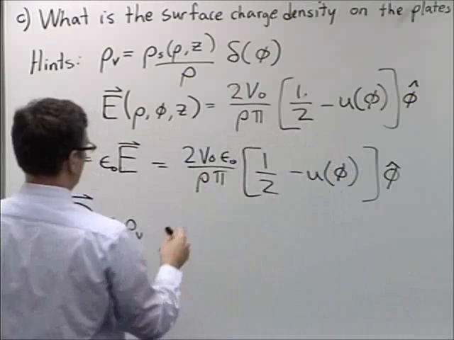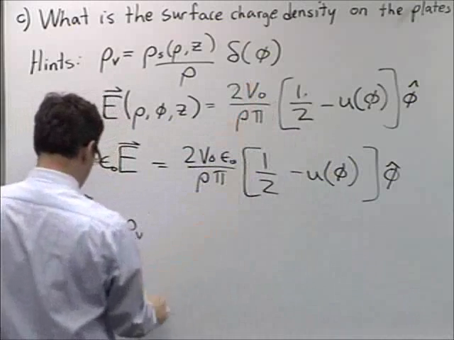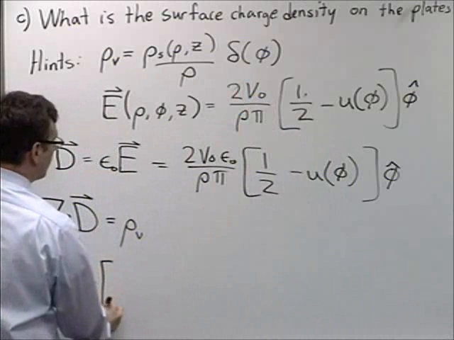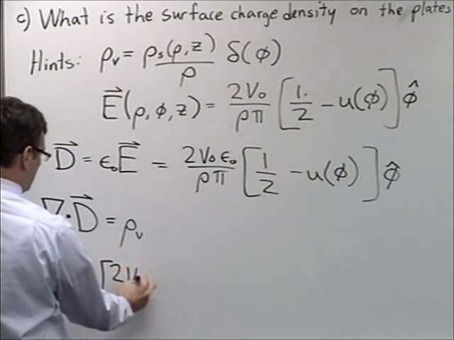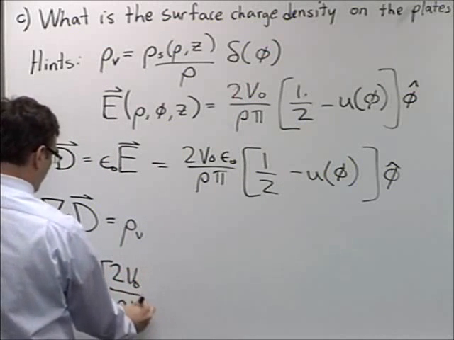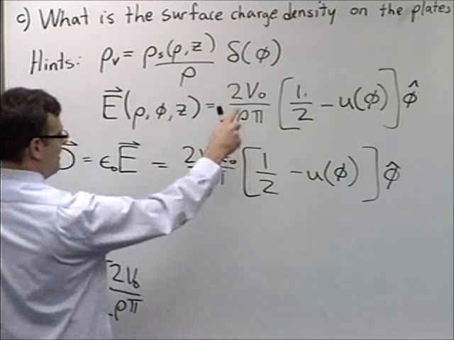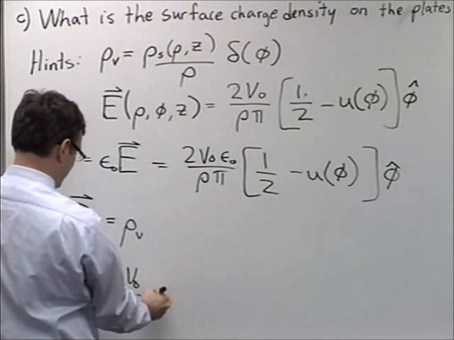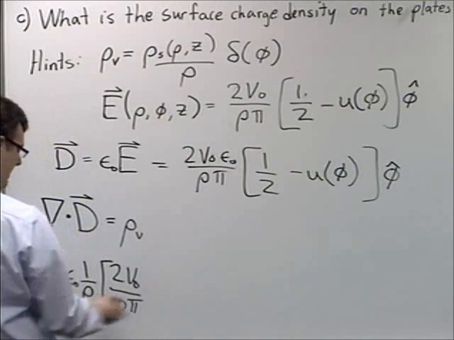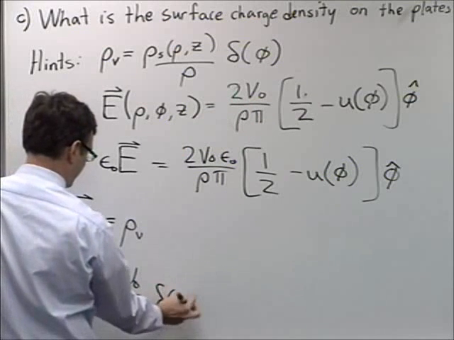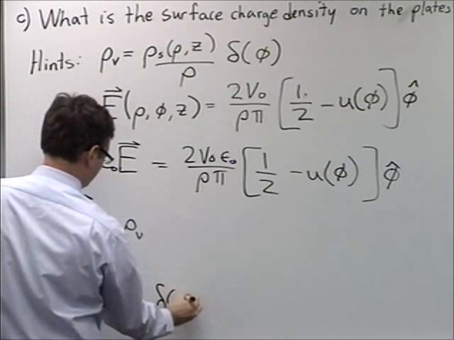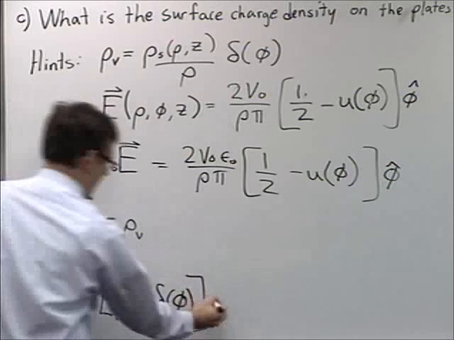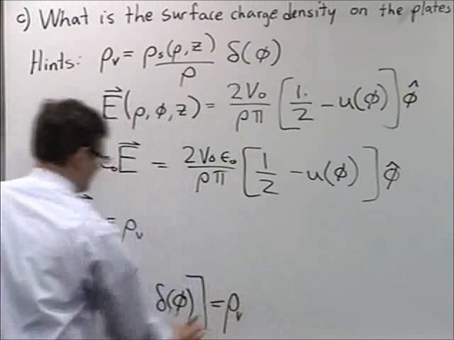So if I just treat this as a constant, I can write this as 2V naught over rho pi. I got a minus unit step function. That's a delta function, so I got a minus sign. I'll just bring that out here, and then I'll have a delta like that. And that's what's equal to volume charge density.